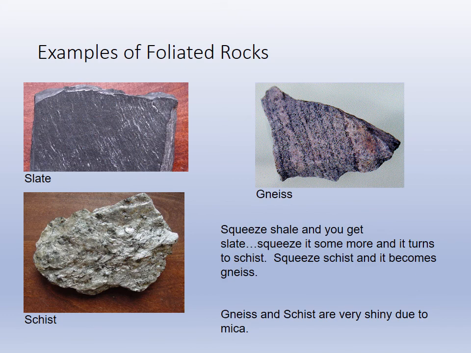Slate, you can see the bands in the slate. Schist is real shiny because of the mica. Gneiss is very, very banded. Schist is squeezed. It turns to gneiss over time. It's called schistose texture because it's shiny, very shiny rocks. Banded as well, foliated.